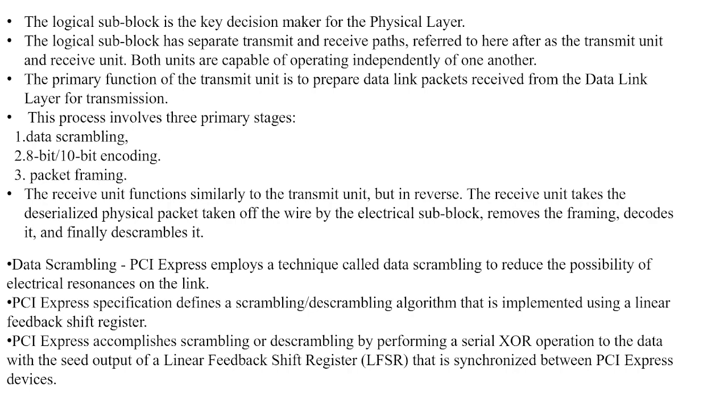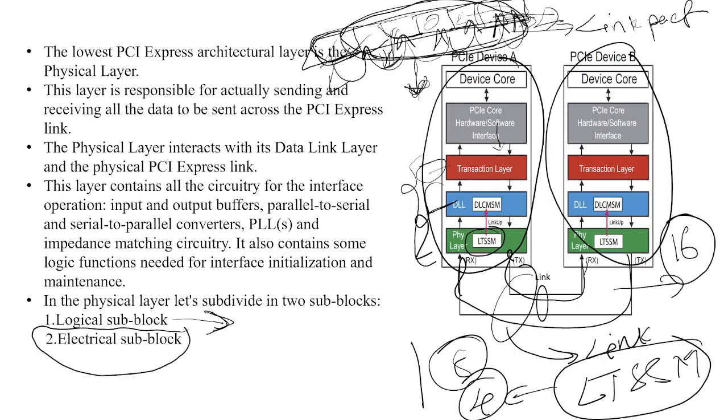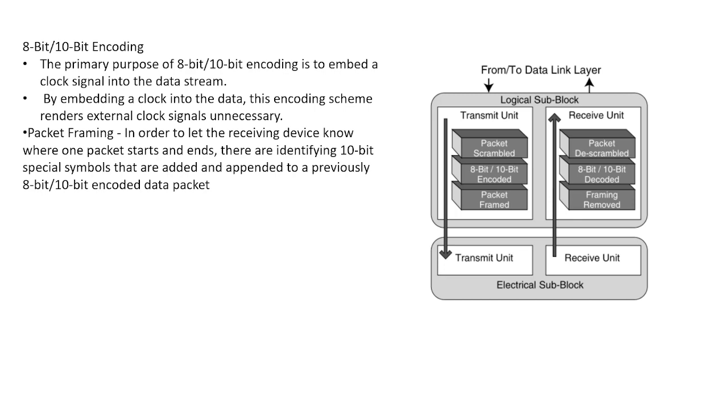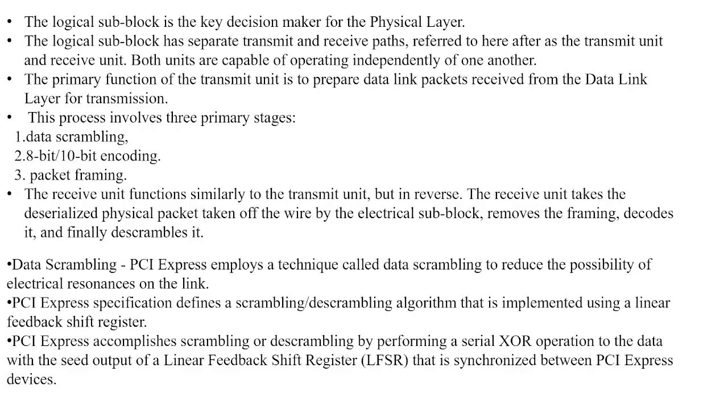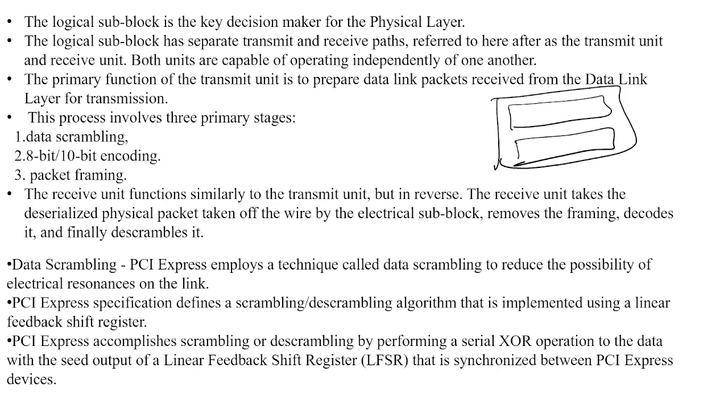So in the physical layer we have a logical subblock and an electrical subblock. In the logical subblock we have a transmitter and a receiver. In the electrical subblock also, separately, we have a receiver, and a transmitter is present.